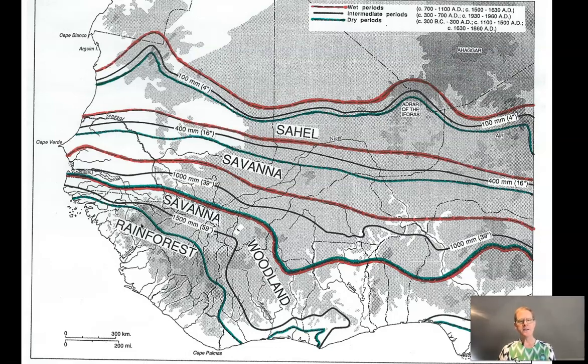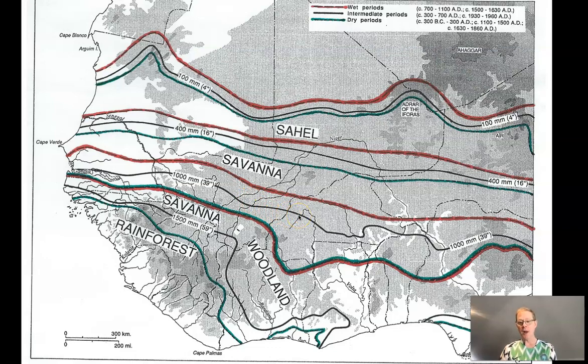So as I said, this map shows us a couple things that we don't have in the previous map. Now the other two other things I suppose on this map really. The southern zone of the savanna, the dividing line here is this black line here, which is 1,000 millimeters of rain a year or 39 inches.